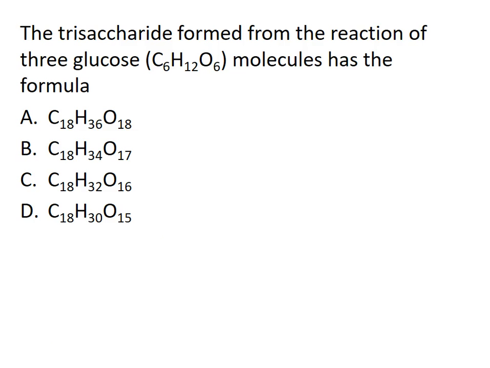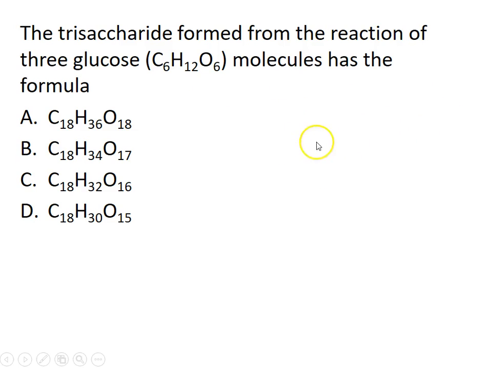Okay, can you answer this one? Okay, so 3 glucose, so you're clearly going to have 18 carbons. 3 of these would be 36. But when you think about it, every time you put glucose with another glucose, you lose a water molecule. So 1 glucose, another glucose, another glucose.